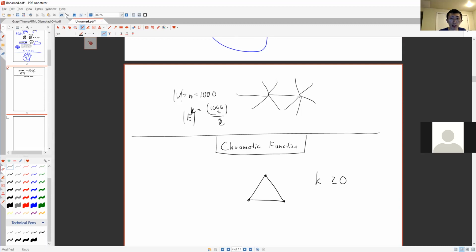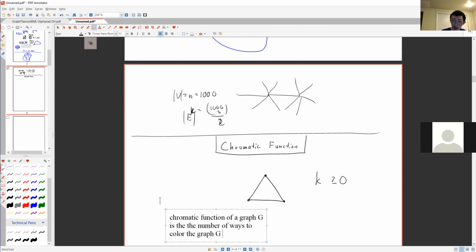So maybe I should type it out because it's not in the handout. The chromatic function of graph G is the number of ways to color the graph G with k colors so that adjacent vertices are not the same color.